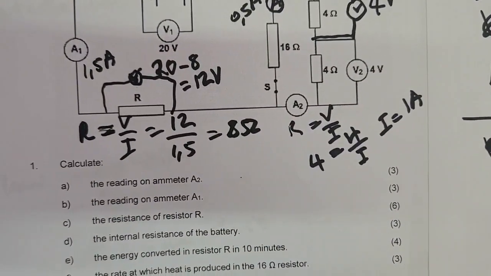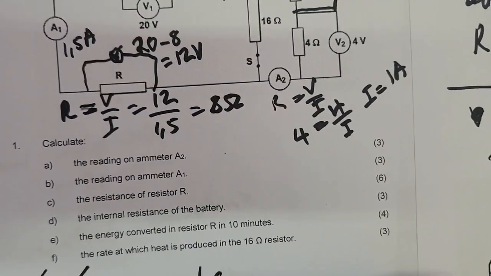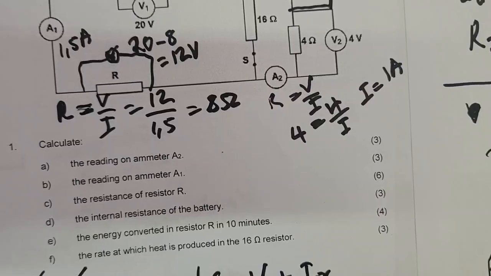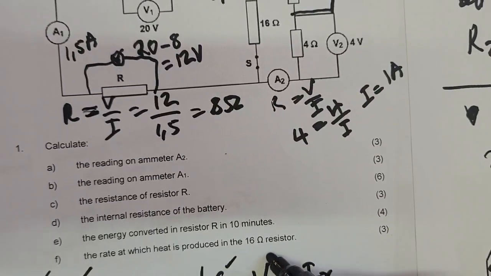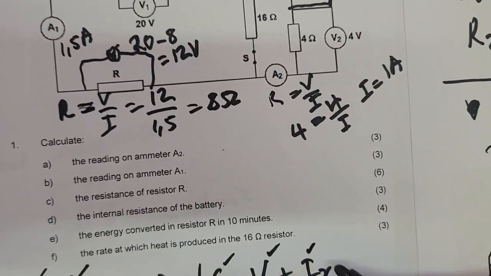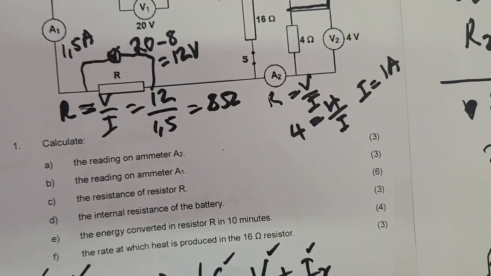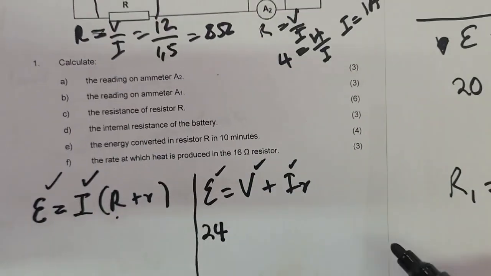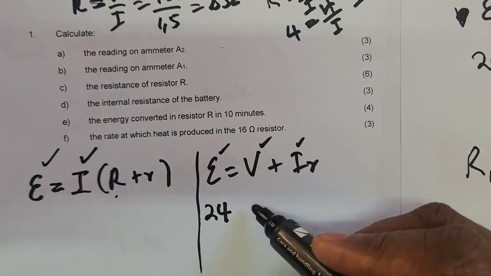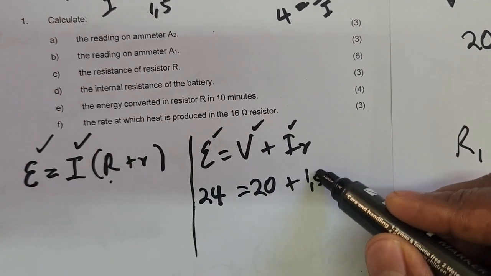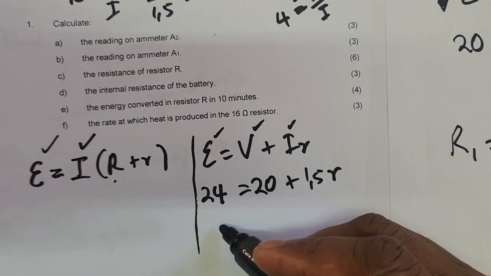So the easiest formula will be E equals V plus Ir. Therefore, in this case, we know this one is 20, this one is 1.5. We can find this. So the easiest will be that one: 24 equals 20 plus the current 1.5 multiplied by r.